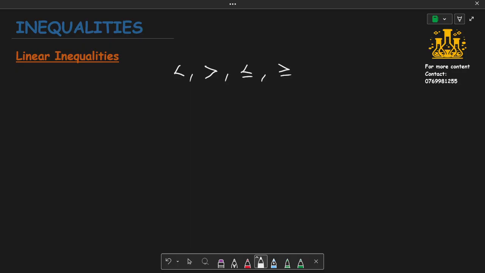For example, we can look at 4 minus 1 is less than 5. Or maybe we can look at negative 2 is greater than negative 3. This is an inequality as well.